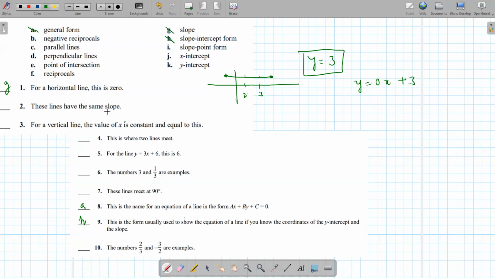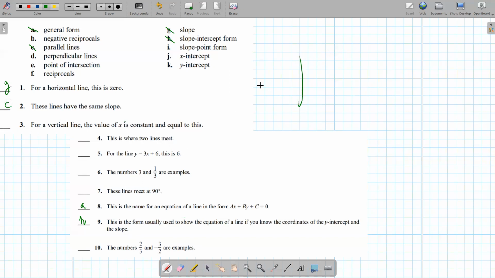These lines have the same slope. C? Yes. Parallel lines have the same slope. For a vertical line, the X value is constant and equals to this. So something like this.